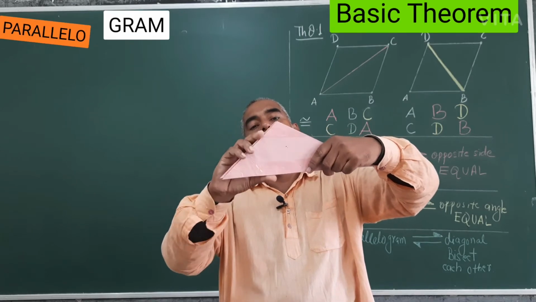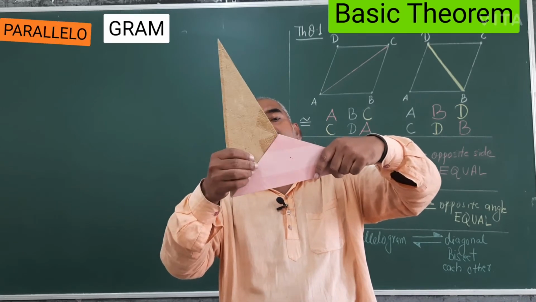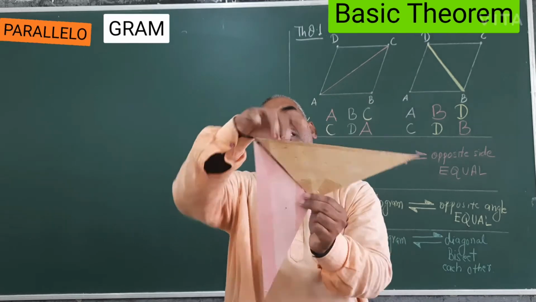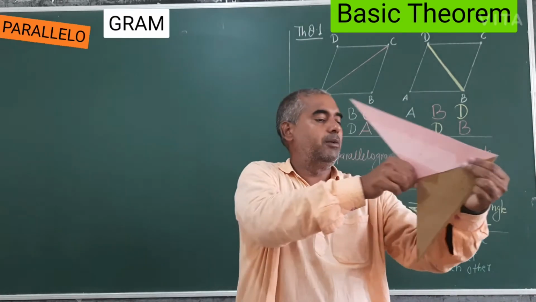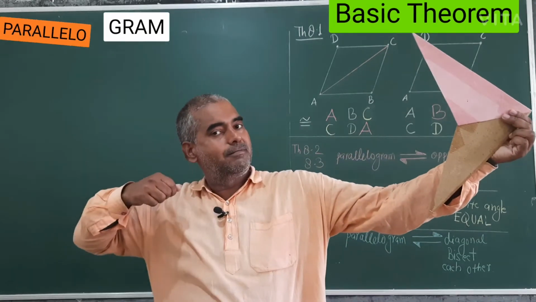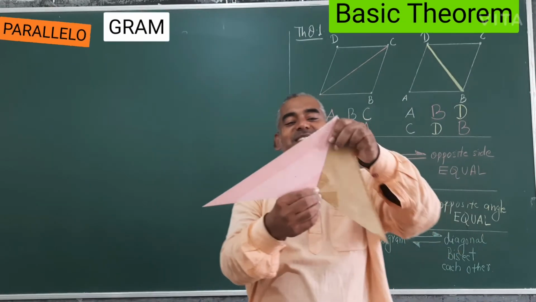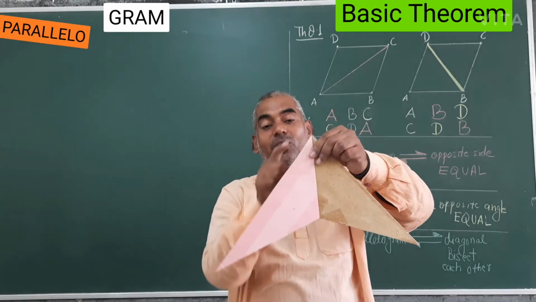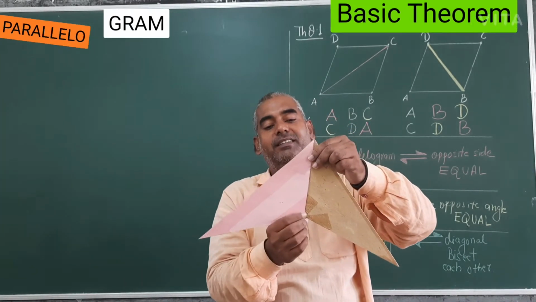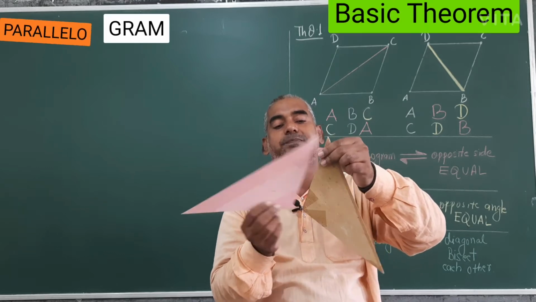When I join it in this way, this is something different, an arrow. This is called a quadrilateral, something special, later I will tell you.